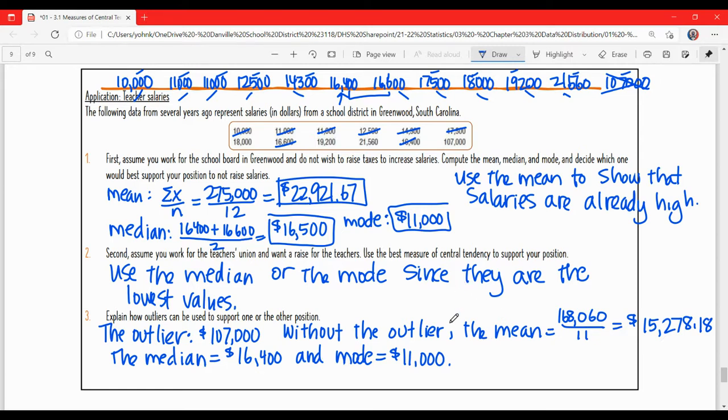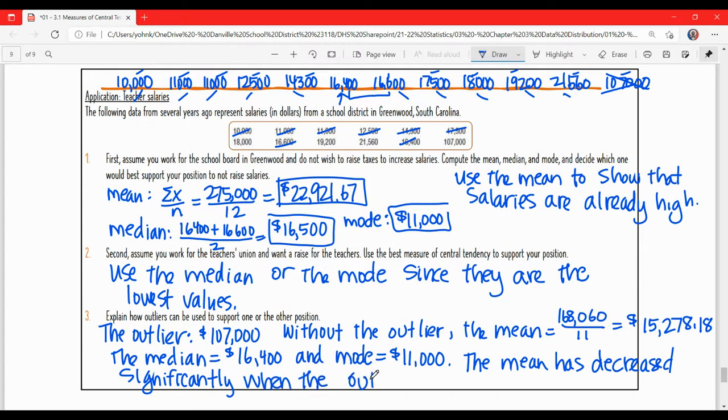So notice that the mean is greatly changed from 22,000 down to 15,000. The median has barely changed and the mode has not. So we can say the mean has decreased significantly when the outlier is not included.